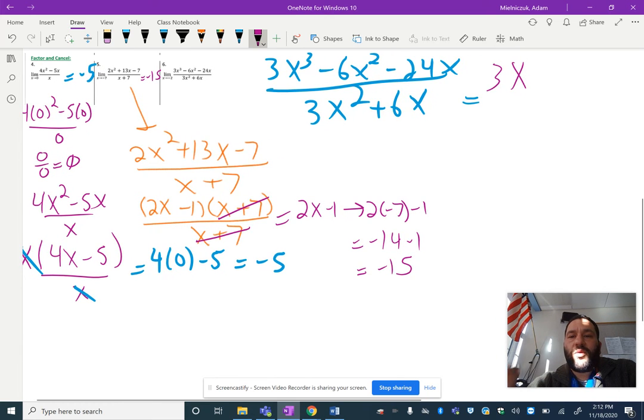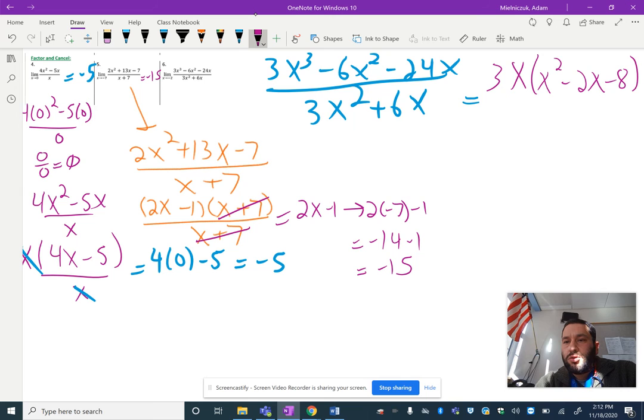So that would leave me with 3x on the outside, times (x squared minus 2x minus 8). I'm going to make sure I did that right. On the bottom, 3x squared plus 6x, these both have a 3x in common, leaving me with x plus 2.